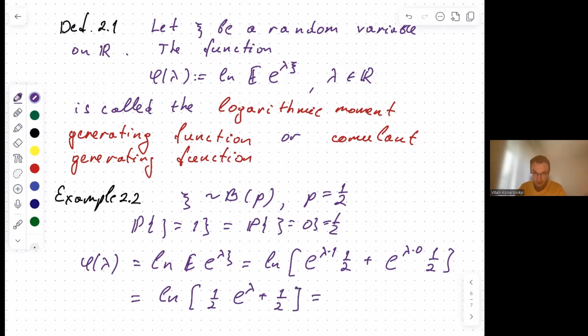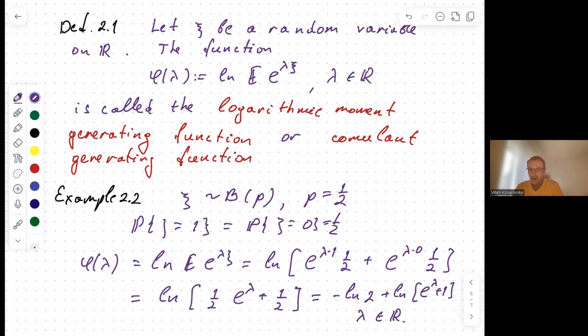And using the property that the logarithm of a product is the sum of logarithms, you can move 1 over 2 outside the logarithm. You will obtain minus logarithm 2 plus logarithm of e to the lambda plus 1, for lambda from R. It is the cumulant generating function for this concrete case.